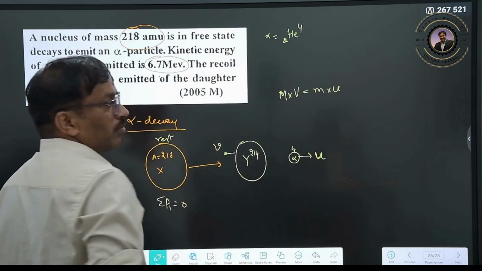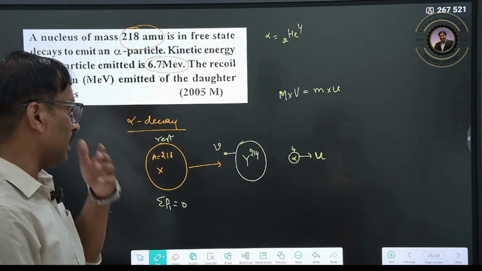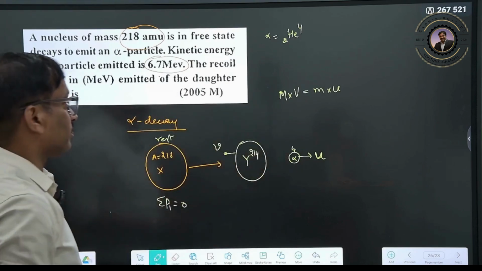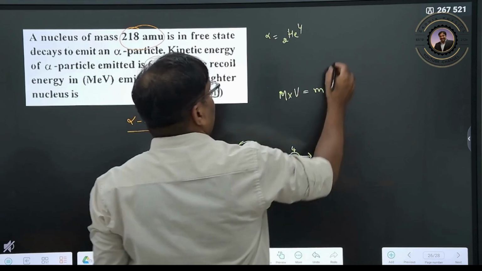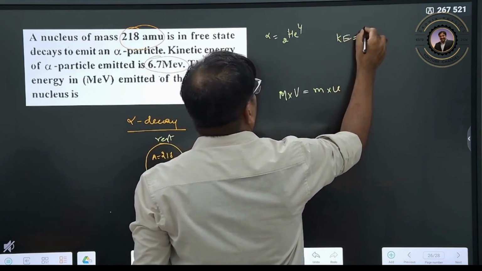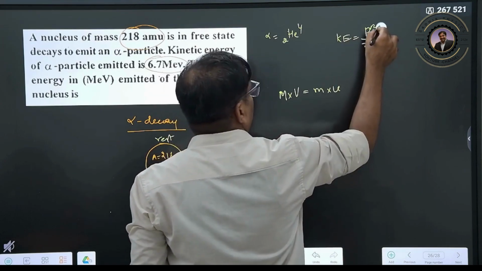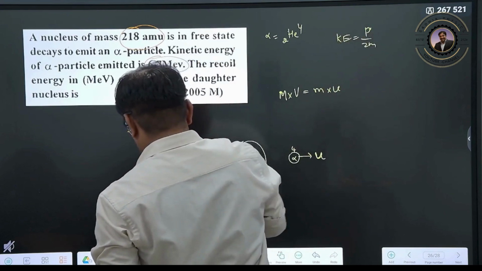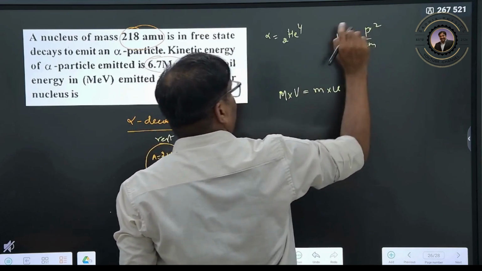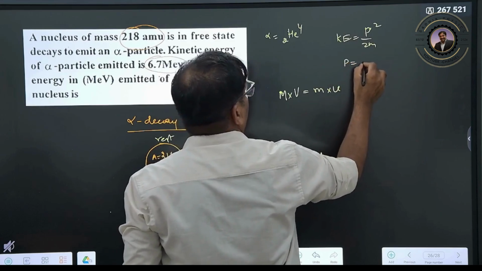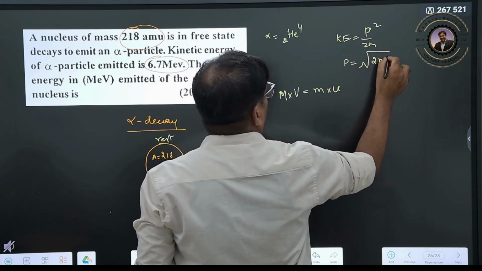This is your momentum. But what about the kinetic energy? Do you know the formula? Kinetic energy is nothing but p squared by 2m, so momentum can be written as the square root of 2m into kinetic energy.